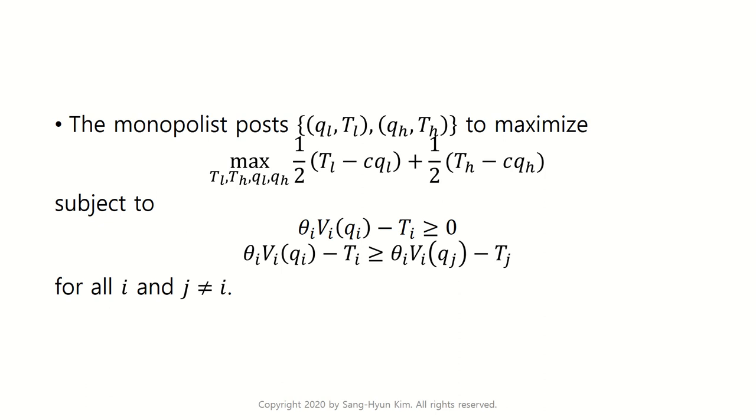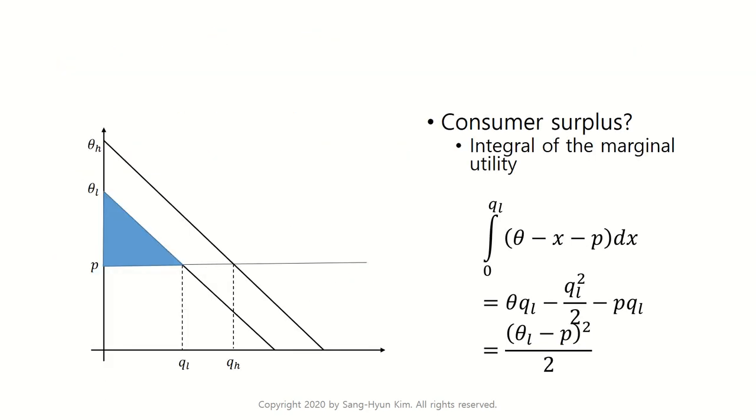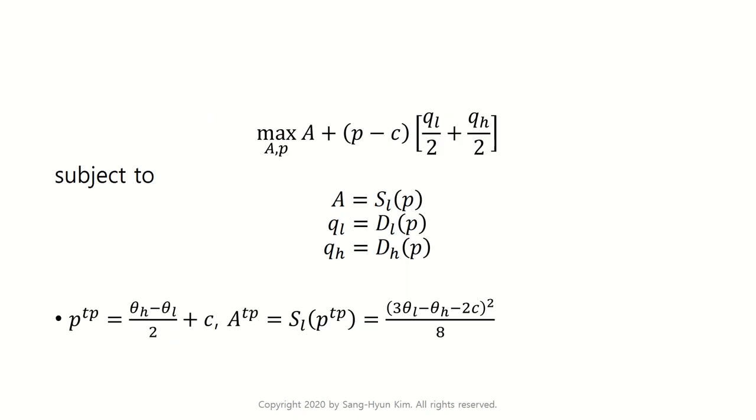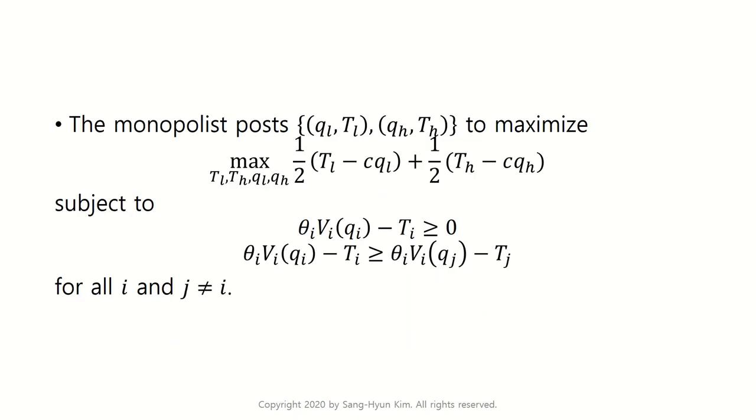Let's go back to the definition of the utility function. The utility of a type I consumer can be written like this: theta I times V minus T. This must be greater than or equal to 0.